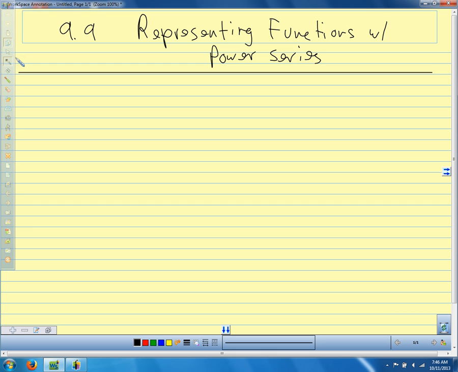So a couple of properties of power series. We can differentiate and integrate power series on their interval of convergence. So power series are integrable and differentiable.